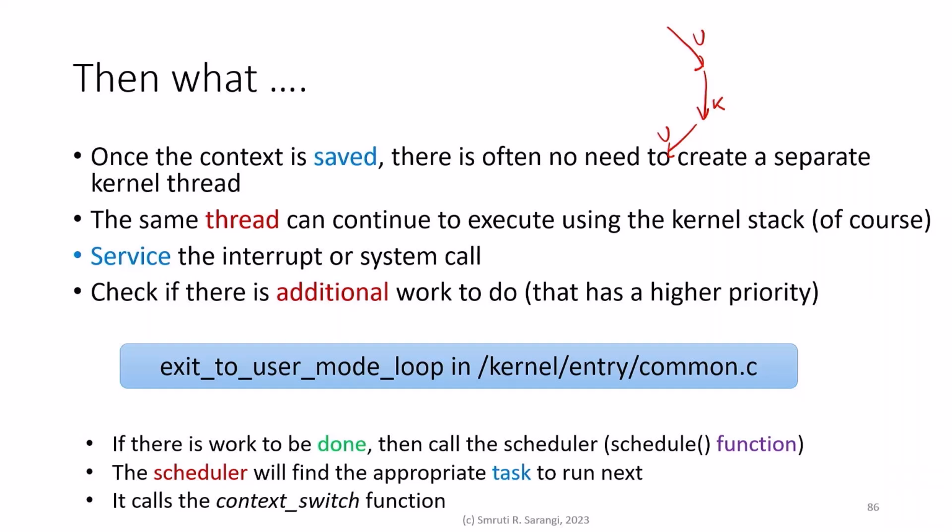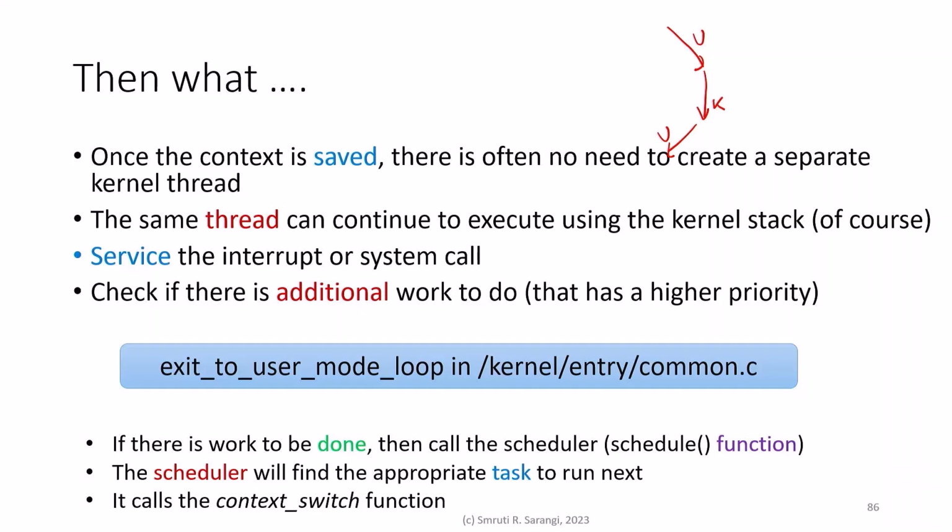It can do some of its own pending work. It can start a different kernel thread. It can start a different user process. It can resume the same user process. Or it can start a different thread in the same thread group. It can do anything that it wants, because it's the kernel.